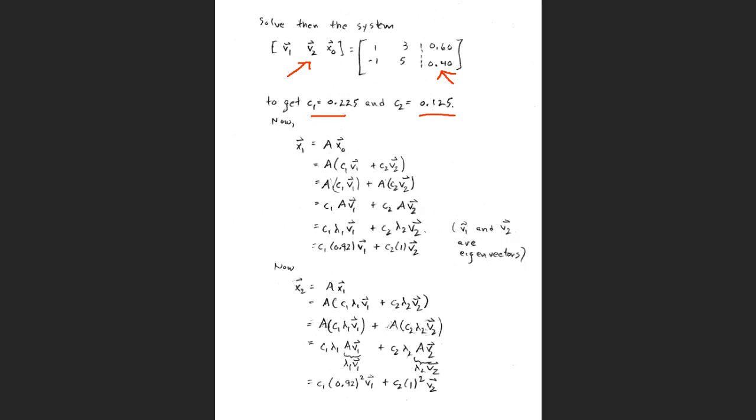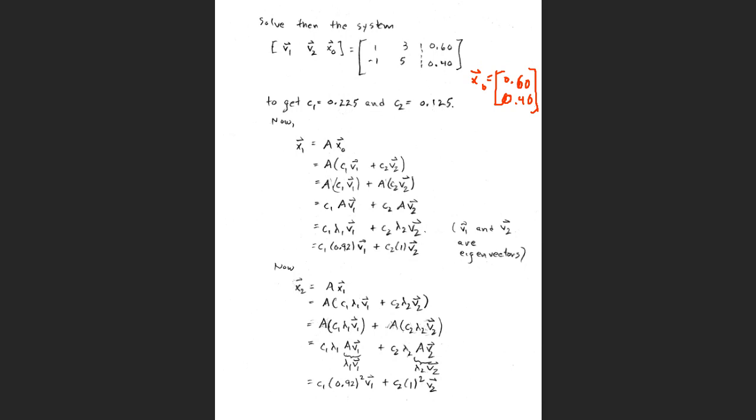And incidentally, the initial vector of 0.60 and 0.40 does correspond to that example we did with the migration matrix, because we started off with an initial distribution where 60% of people live in the city and 40% of people live in the suburbs.